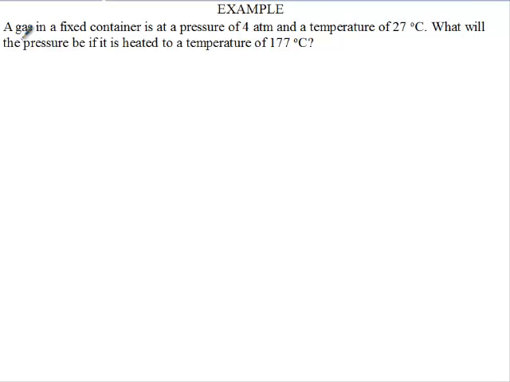The question states that a gas in a fixed container is at a pressure of 4 atm and a temperature of 27 degrees Celsius. So P1, pressure 1, is equal to 4 atm.